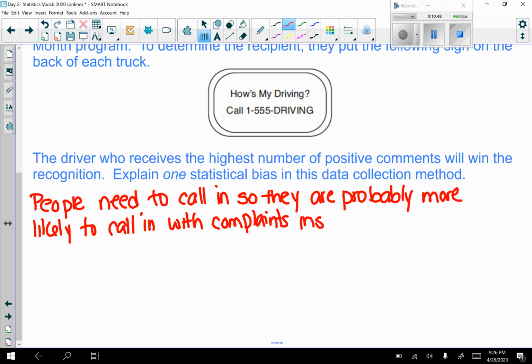So I have people need to call in, so they are probably more likely to call in with complaints instead of positive comments. You only have to write one explanation here or one reason. But instead of this, you could have talked about perhaps the driver is bribing people, or the driver is having their family and friends call in so they get more positive comments.